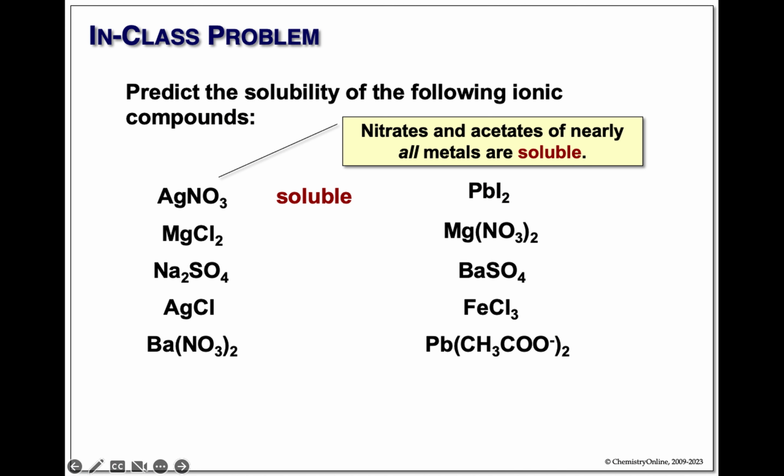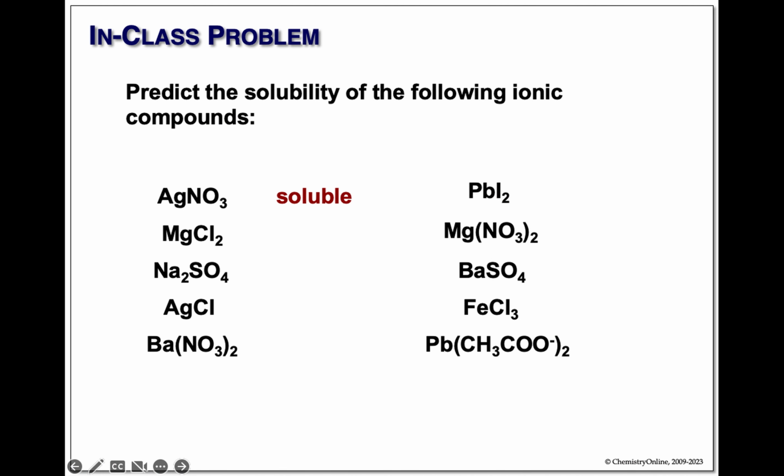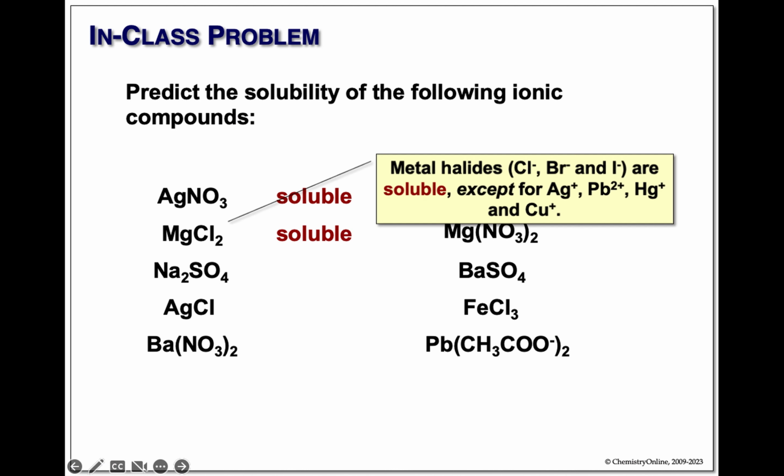Okay. Magnesium chloride, that's a metal halide. We know that there are exceptions for metal halides, like silver, for example, lead. But magnesium, nope, not a heavy metal, is it? It's soluble.